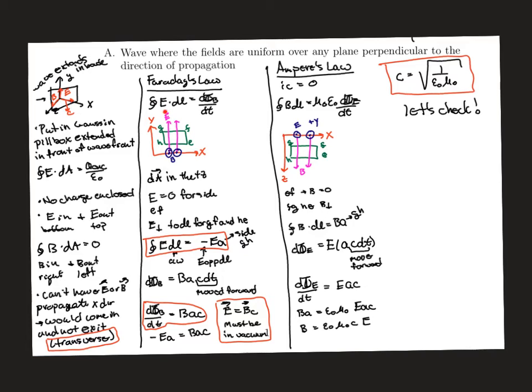And remember, we want parallel because we're doing a dot product here. So the integral of E dot dl is going to equal negative, because of the direction we decided to integrate, the electric field times side A, which is this G to H side.